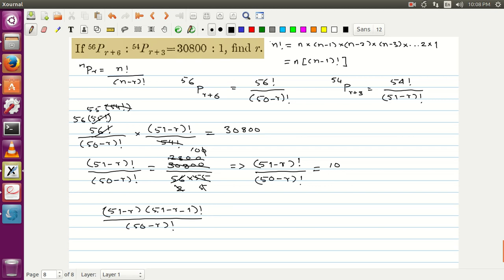Now watch carefully. 51 minus 1 is 50. So this term over here is actually (50 minus r) factorial. So this term cancels this term, and we get that 51 minus r is equal to 10. So r is equal to 51 minus 10, 41, and that's it.